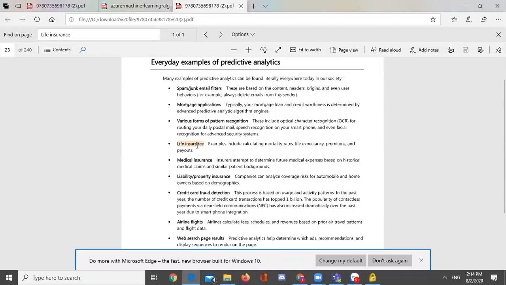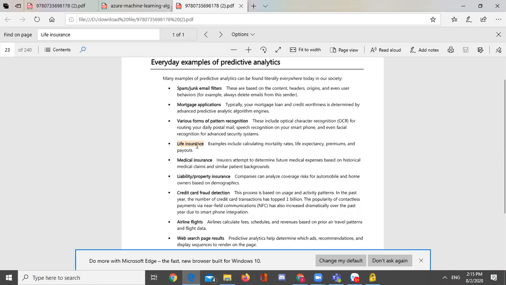There are two things that can be applied. First one is regression, which I vote for, and the second thing is clustering. But here it's saying that you have to calculate mortality rates. From the word calculate, it's kind of misleading because the best thing would be either to predict or to group.